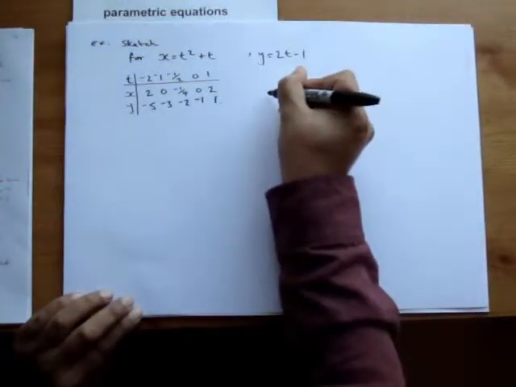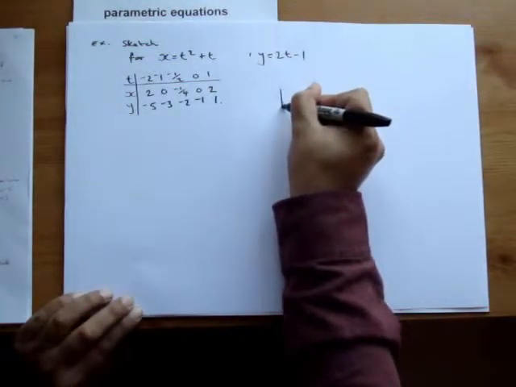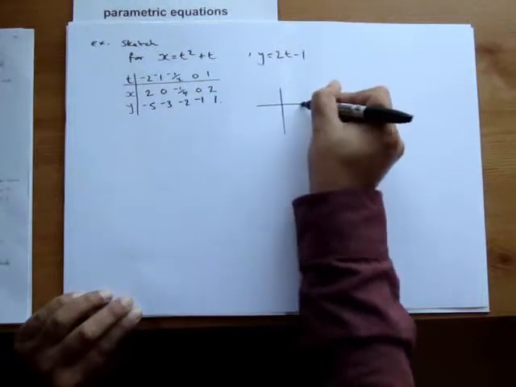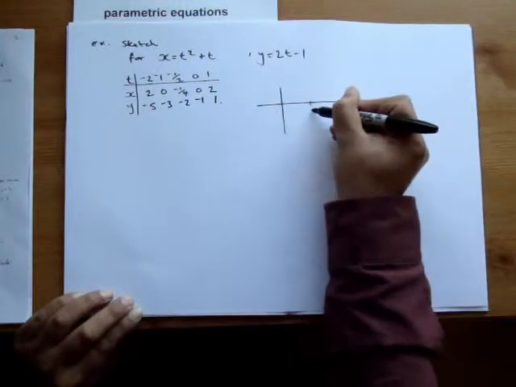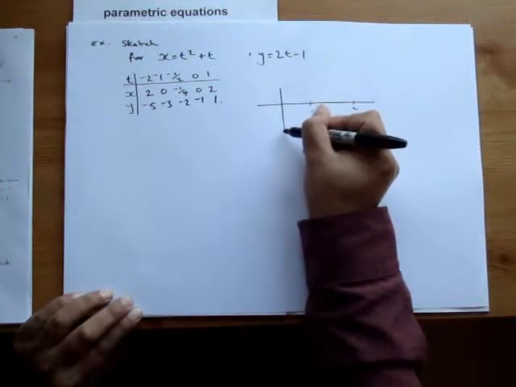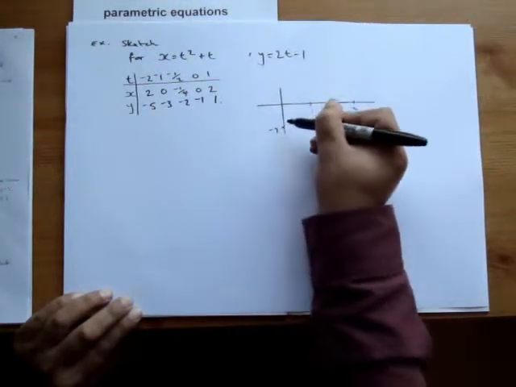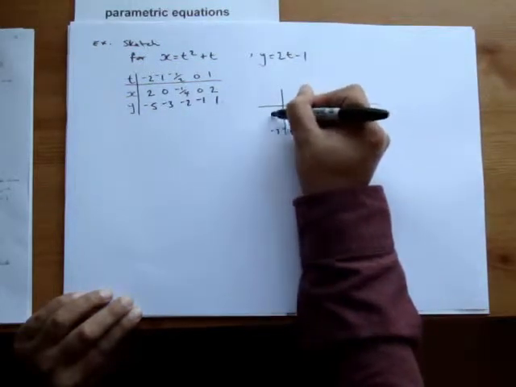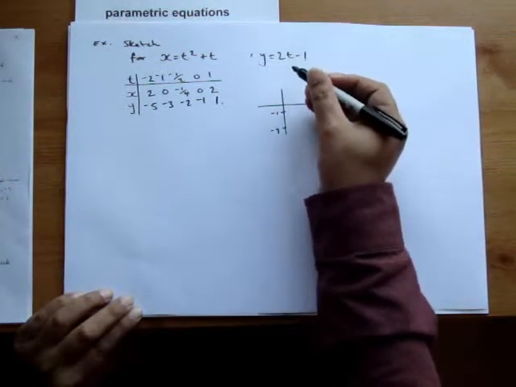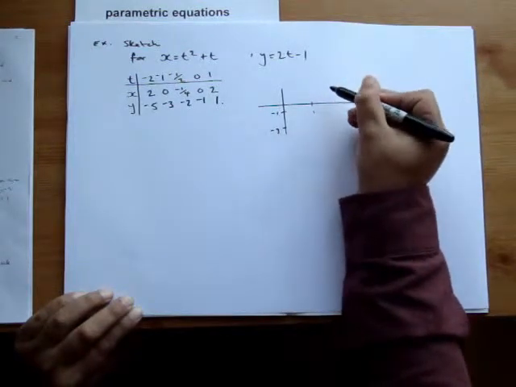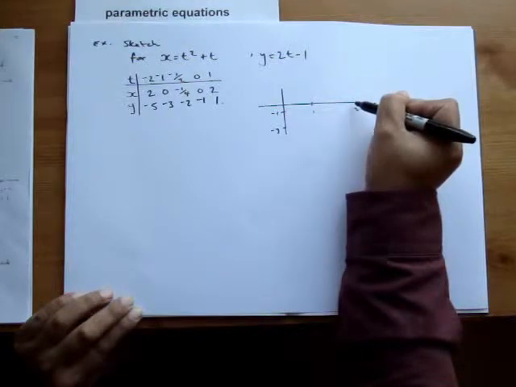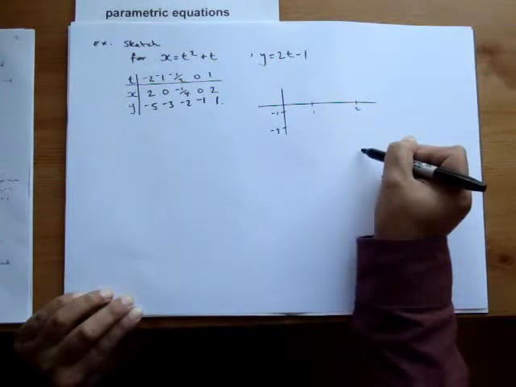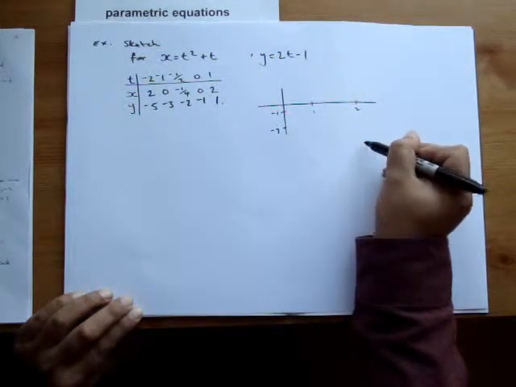So let's quickly sketch this curve. 1, 2. It's minus 3. So minus 1. And roughly the curve will go at x equals 2. It's going to be minus 5, which is around about here somewhere.